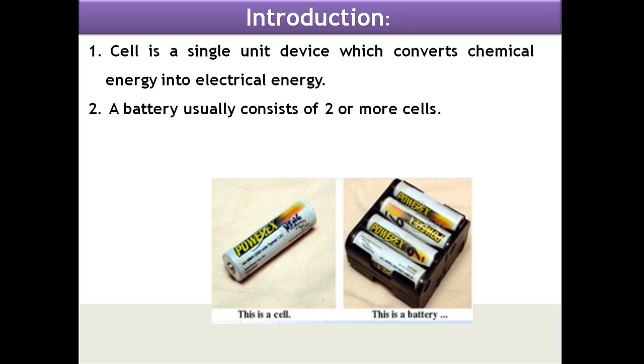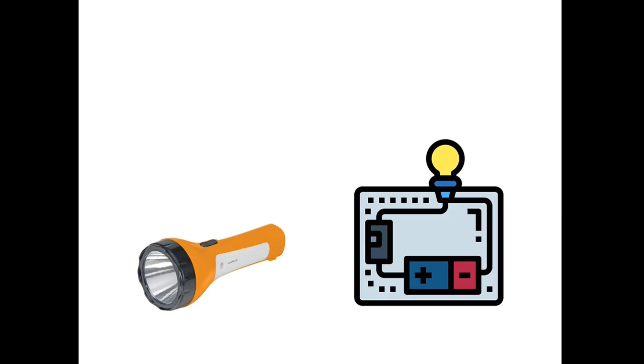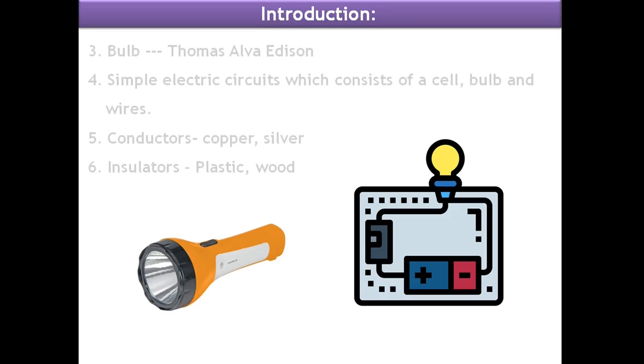In our class 6, we have learnt that a cell is a single unit device which converts chemical energy into electric energy, and a battery usually consists of 2 or more cells. Generally, we call one unit also a battery, but one unit is a cell and 2 or more units together are called a battery.